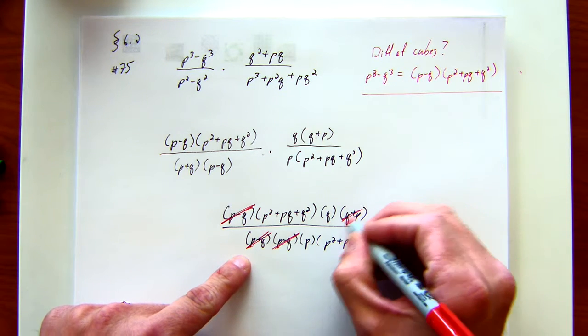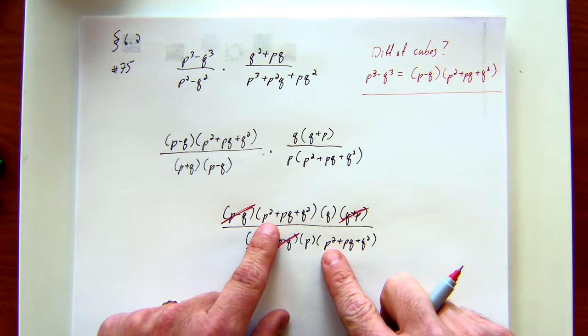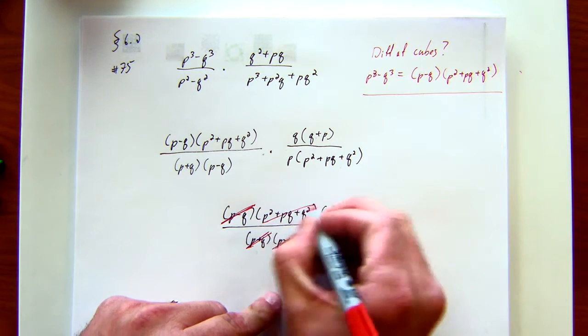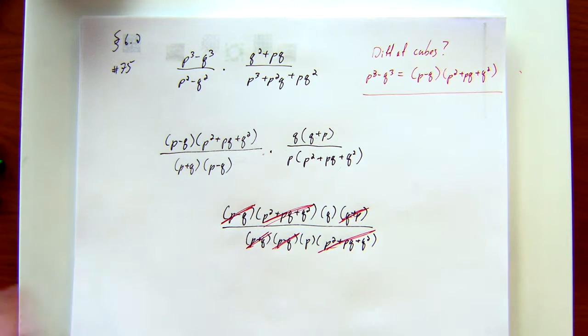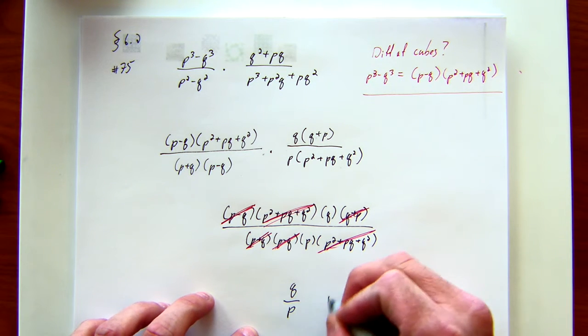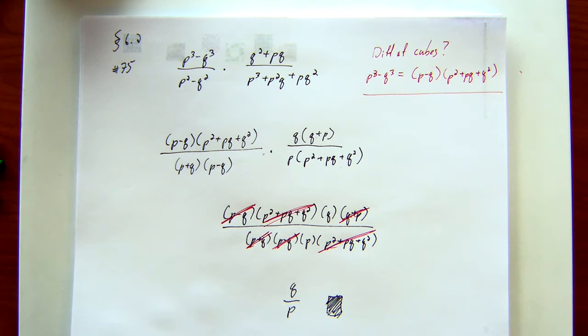Yeah, they're the same thing. Those can cancel. And then we're hoping that this cancels: P squared plus PQ plus Q squared. They're the exact same thing. These cancel. And so what is the answer? Q over P. So it's just a matter of lots and lots of factoring.